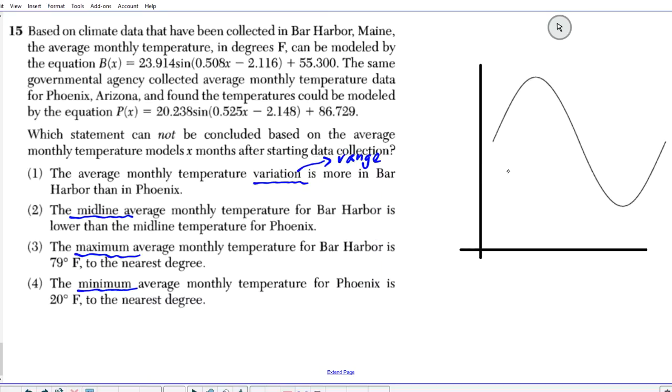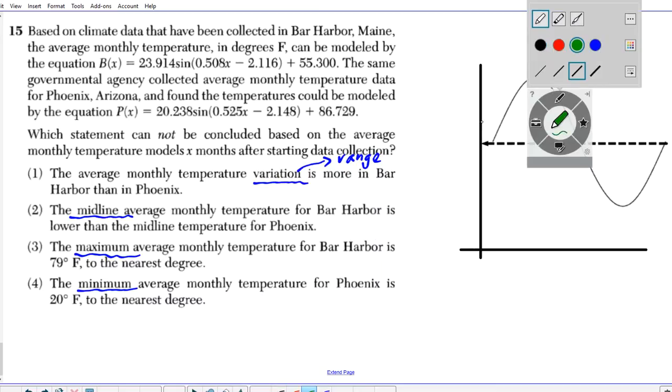We're going to start by looking at the midline. Okay, so midline is basically the vertical shift of the sine function. So midline is how high did you shift it. That's your h value. So for this particular problem, this is going to be our midline.